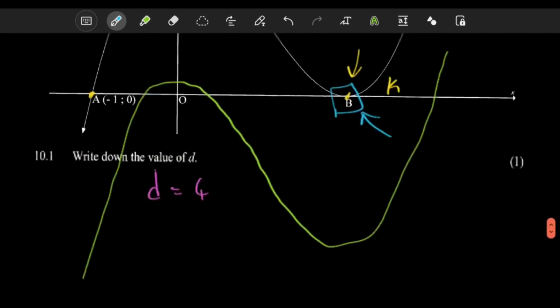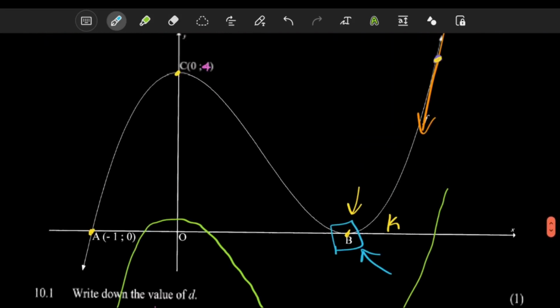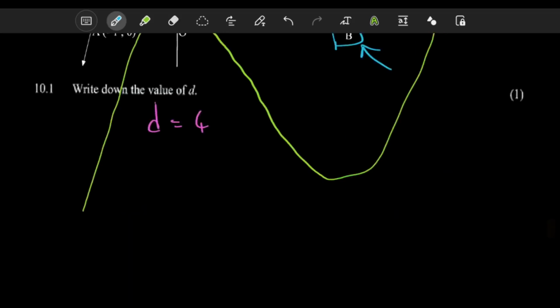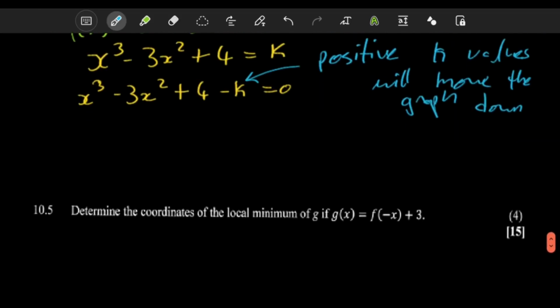So for us to have 2 roots that are positive and 1 root that's a negative, we can only move our graph a maximum of 4 units downwards, but it has to move down nonetheless. So let's think logically here: k has to be an element of 0 until positive 4, where both of them are not included.